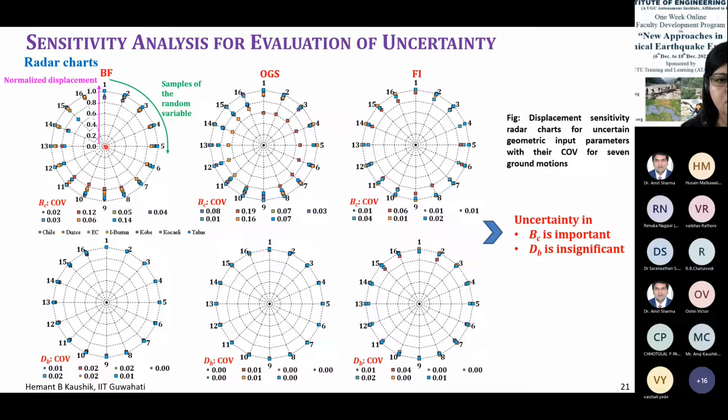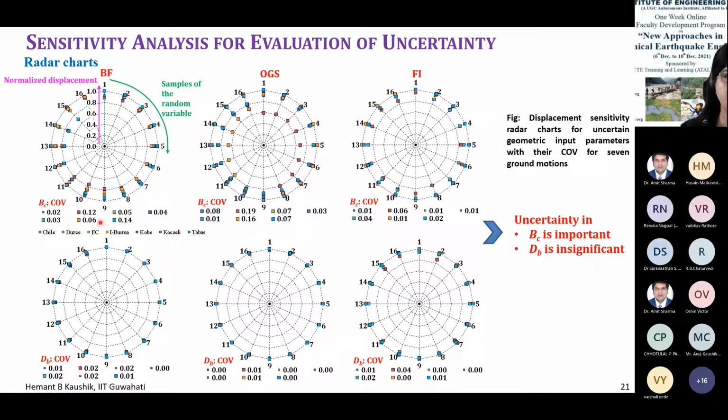These are the normalized displacements, from 0 to 1, right? So we increase displacement when we go away. And these different colors represent these 7 ground motions. So 1, 2, 3, 4, 5, 6, 7.